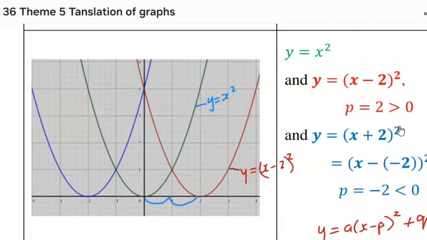If I look at my other graph, x plus 2 squared, then I can rewrite it as x minus negative 2 squared. So my p is now negative. So that means I'm going to move 2 units to the left, and this will be my graph y equal to x plus 2 squared.